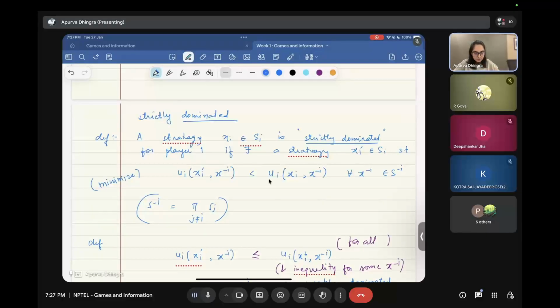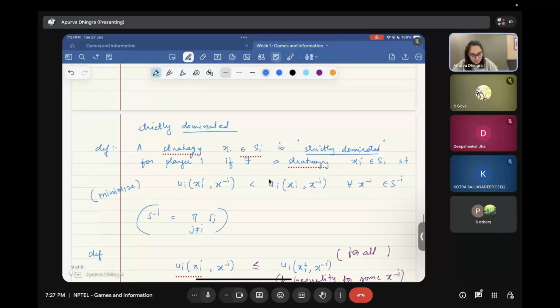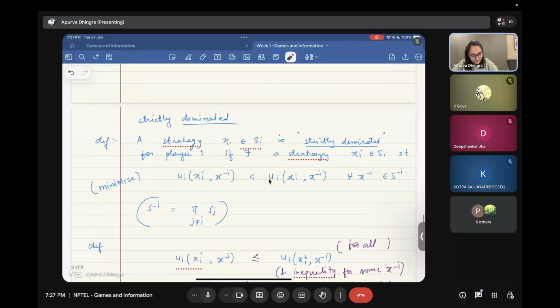So what this definition is saying is that for a strategy xi, we compare the utility of agent i where the strategies of everybody else are fixed, and the only thing that changes is the strategy of this agent i, and we compare it with some other strategy from that strategy set.